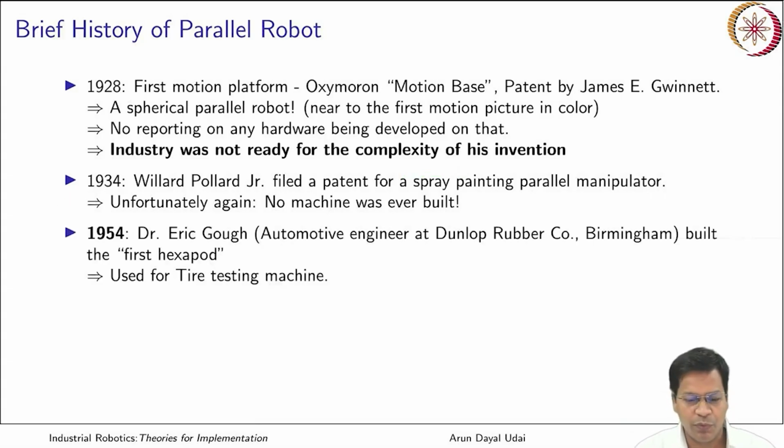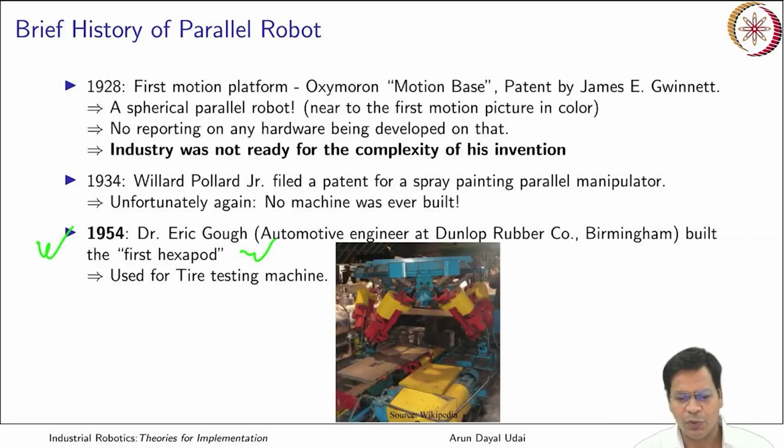And then in 1954, you remember, this is just 1 year near the serial robot patent. Okay, so Dr. Eric Gough came up, he was an automobile engineer at Dunlop Rubber Company at Birmingham. Okay, so he built the first hexapod. That was the first machine which was built on parallel architecture. Okay, that was used to test the tires which they were manufacturing.